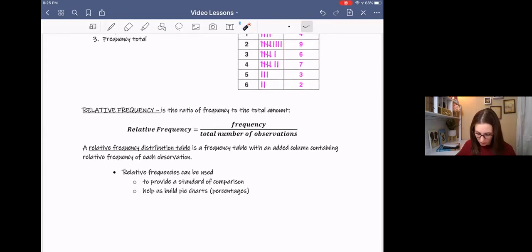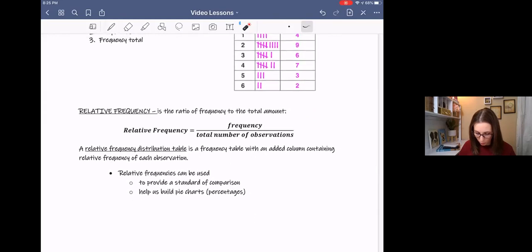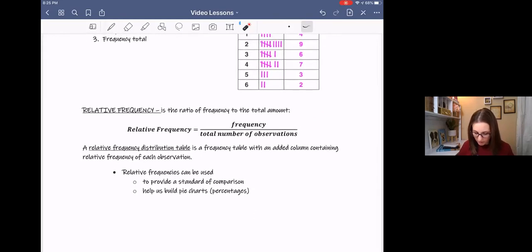Just like I mentioned, it gives you a proportion. It provides a standard of comparison, and it helps us build percentages. Relative frequency gives you that ratio, which is a rational number, which leads to a decimal number, which leads to a percentage. And you're seeing, oh, this percent had a 6, this percent had a 5. So it all kind of leads together.